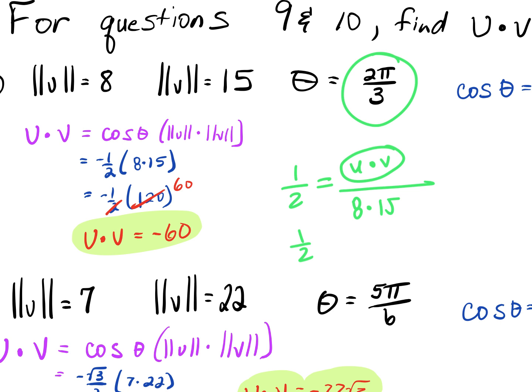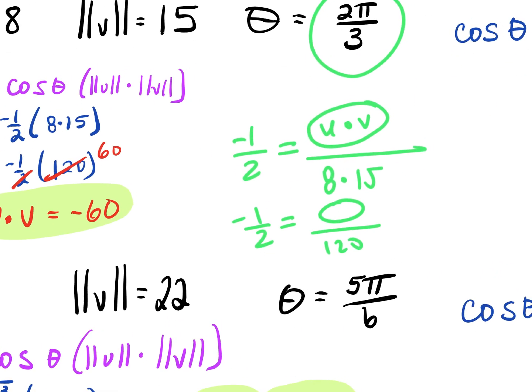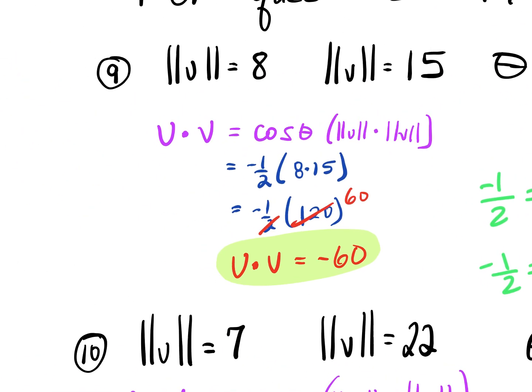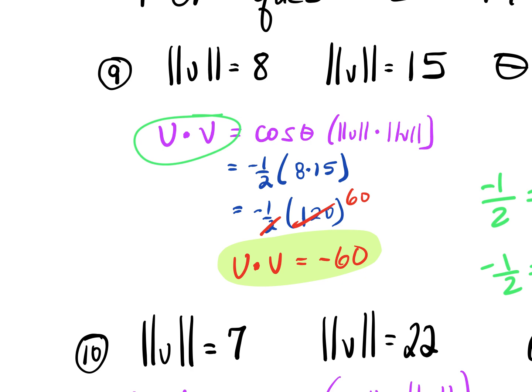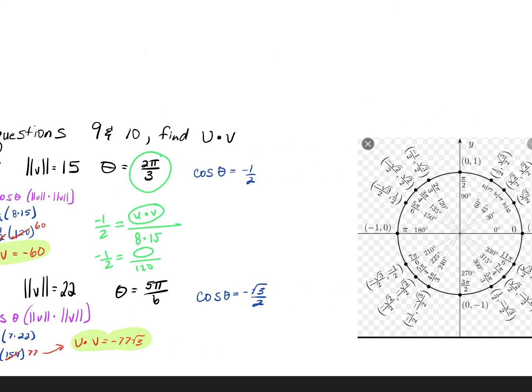So you have 1/2 equals the dot product over, what's 8 times 15? 120? And then cross multiply, all that good stuff. This should be negative. And then solve. Either way you want to set it up, doesn't matter. You see how this one is just, I solved first for the dot product and threw everything in, that's fine. Questions?